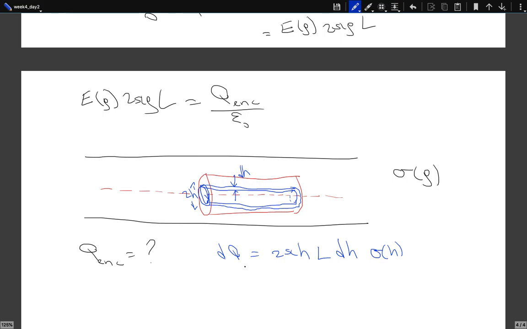The height of my ring is the same as the height of my cylinder, which is L. Now there's a thickness. And so the volume is area times the thickness. This is the total volume of my blue shell. If I multiply it by the charge per unit volume, which is the charge density, I get the total charge in that cylindrical shell.